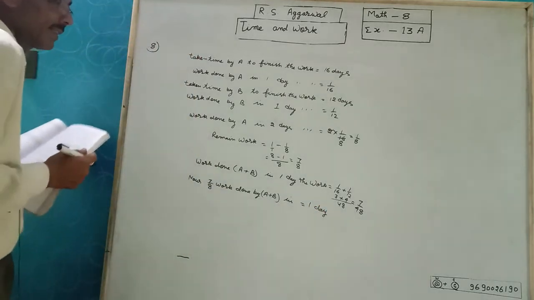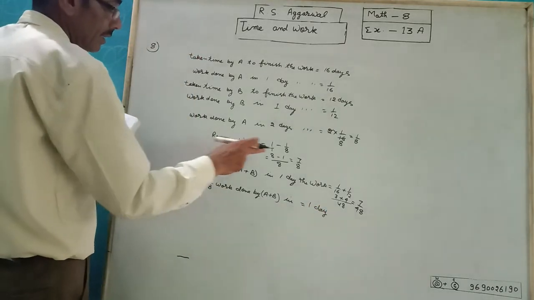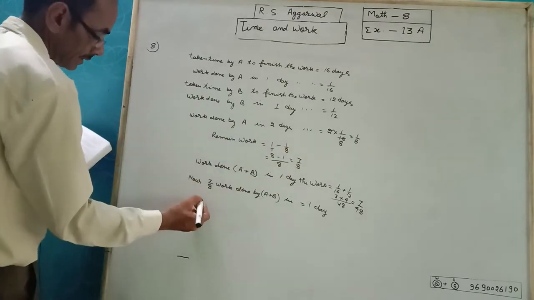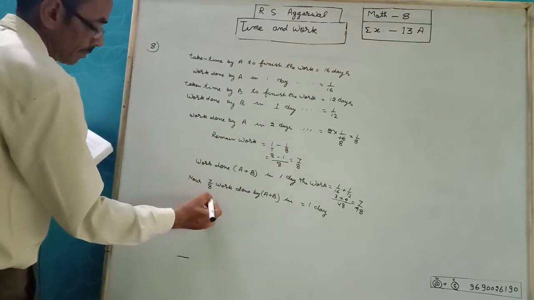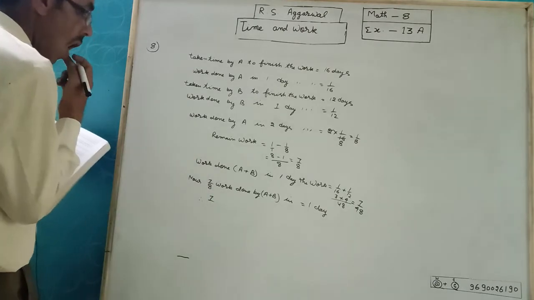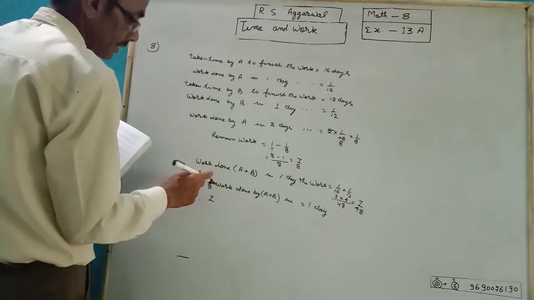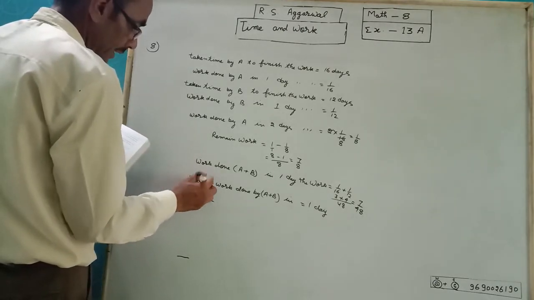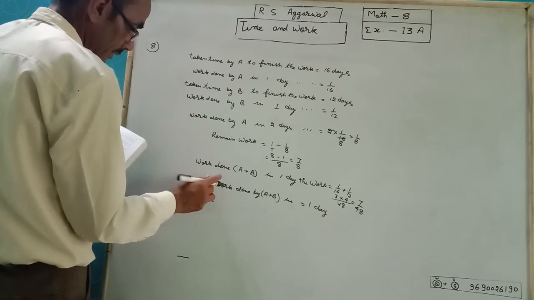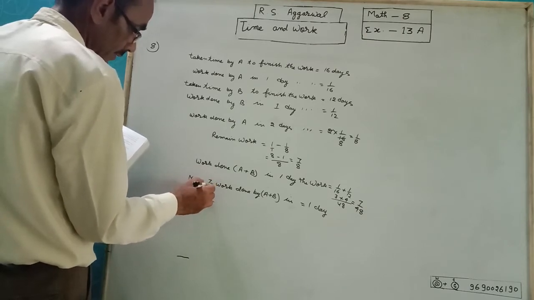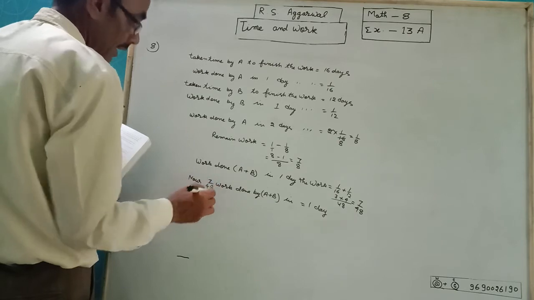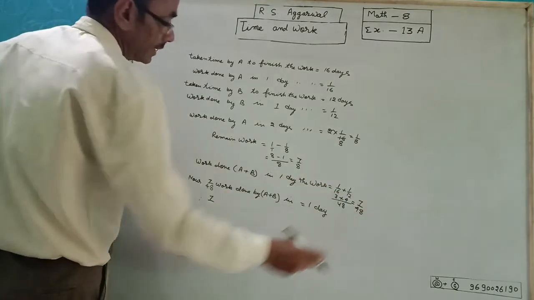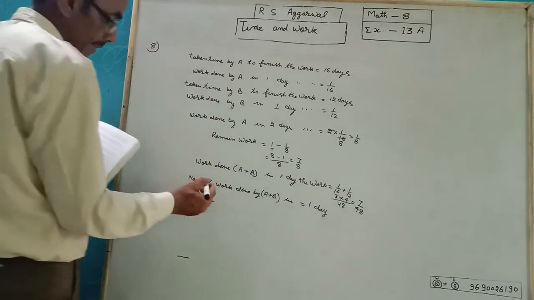What is the rest or remaining work? Remaining work is 7/8. 7/48 work by A and B in one day.